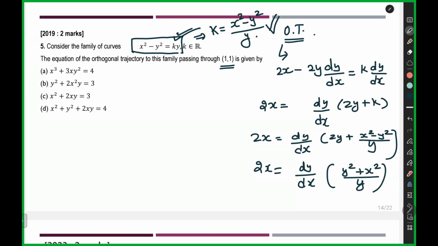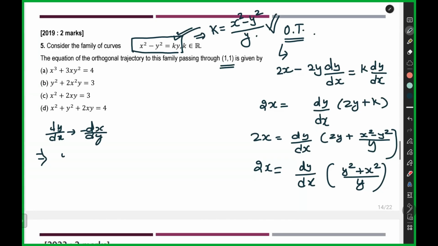We have to replace dy by dx with minus dx by dy, which is nothing but minus dx upon dy equals y squared plus x squared upon 2xy.